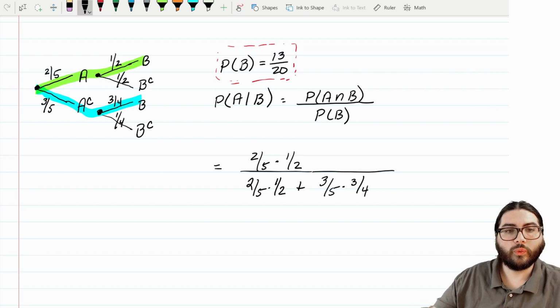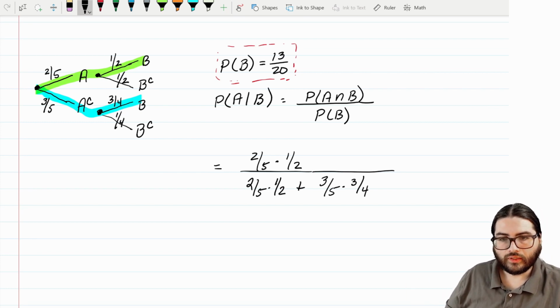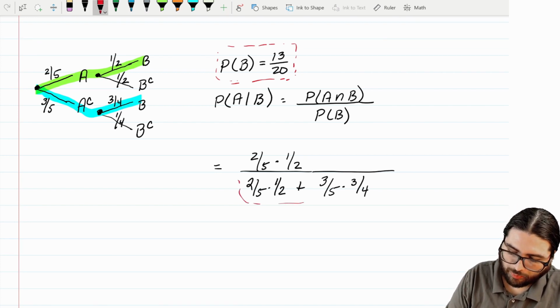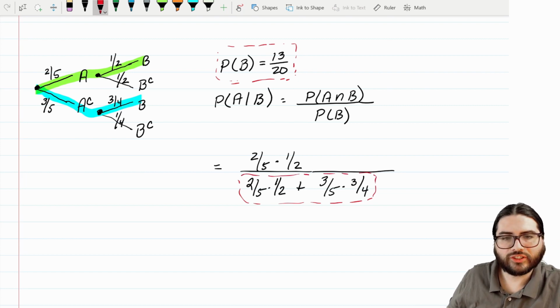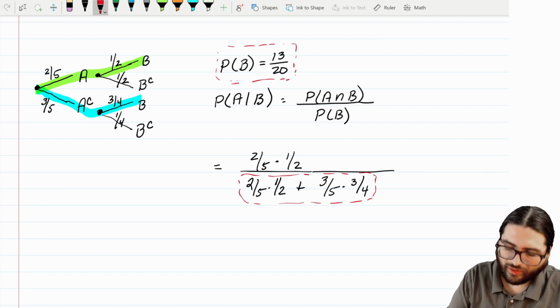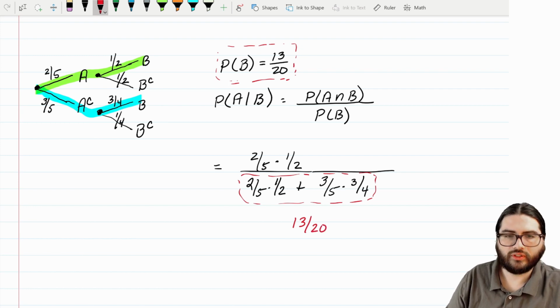Do you see how there's more ways to get to B here? Essentially, this is how I calculated probability B up above. So you don't have to do it this way with a big giant fraction with a bunch of possibilities in the bottom. You could say, I've already done that. I'll do it separately. That is 13 over 20. I don't need to see all that again.